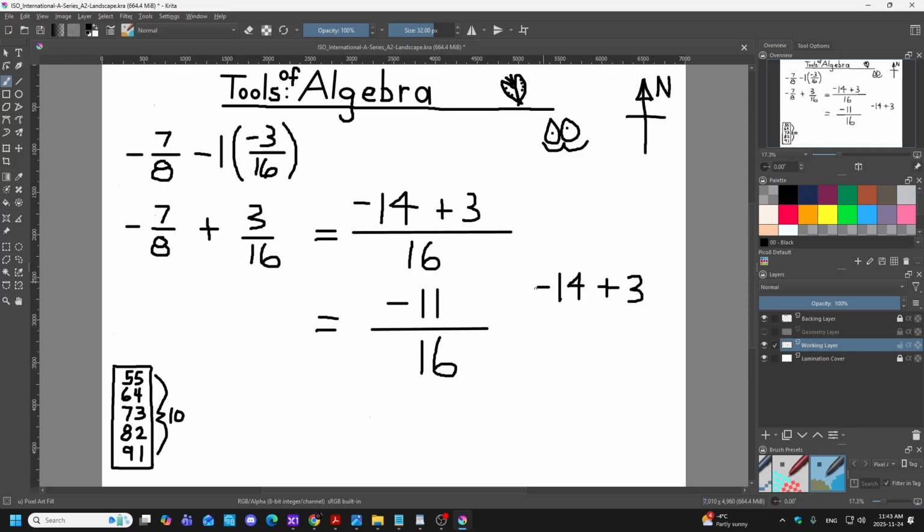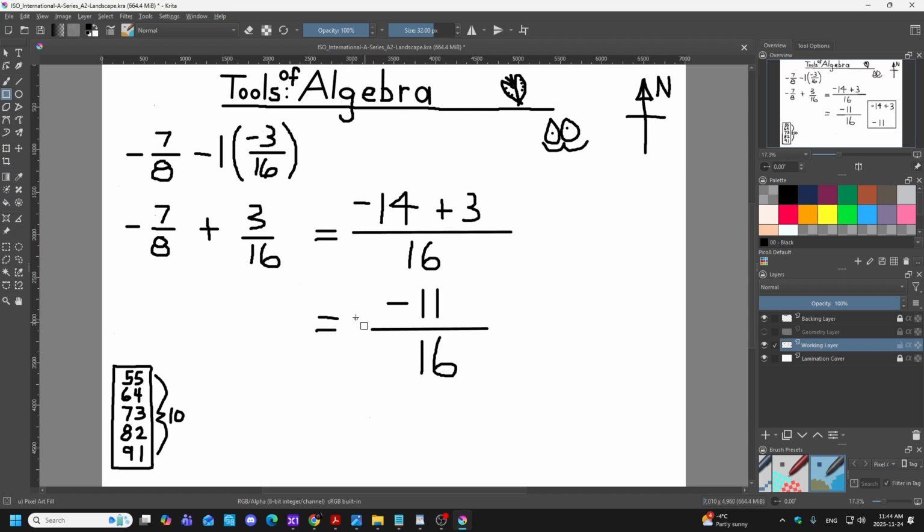Because 14 has the negative sign, that tells me automatically in my mind that when I add or subtract these two integers together, my final answer is going to be a negative. Okay? It's another way of doing it. It's kind of like another check as well.